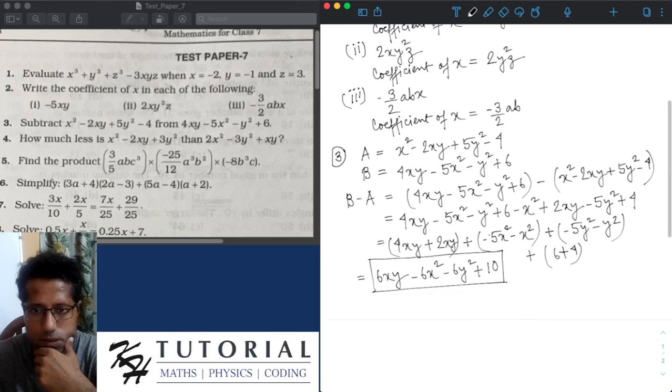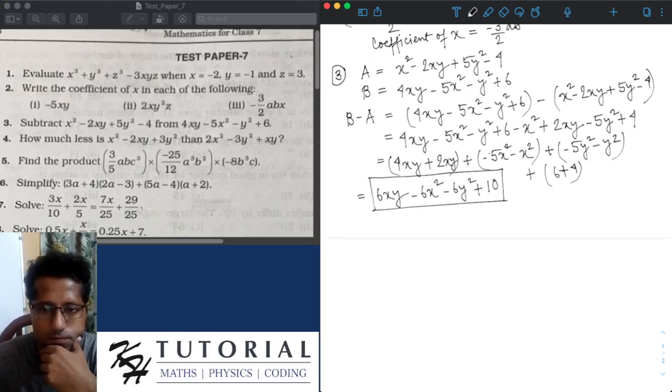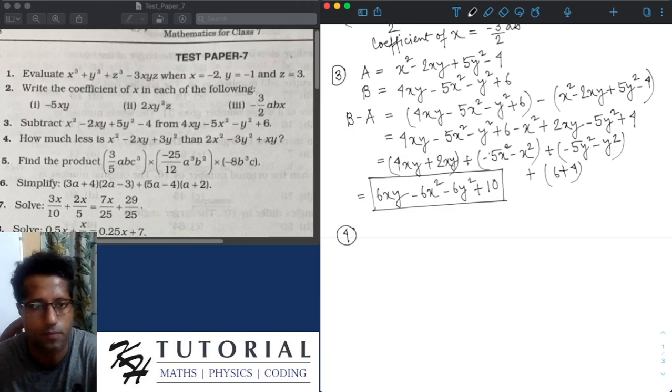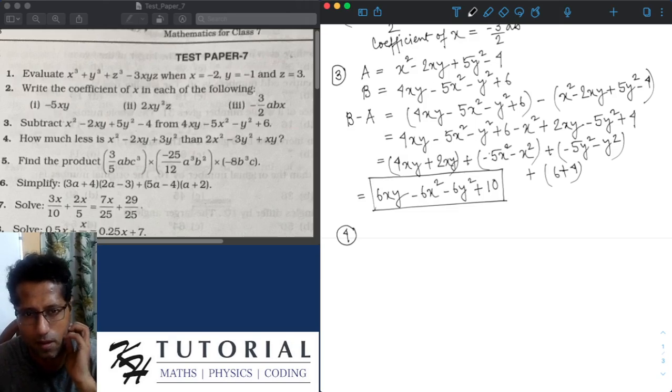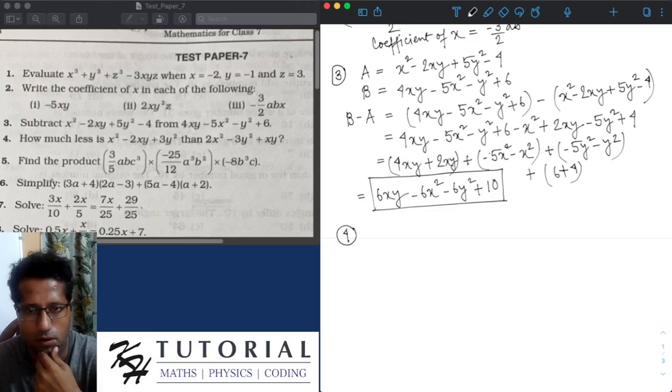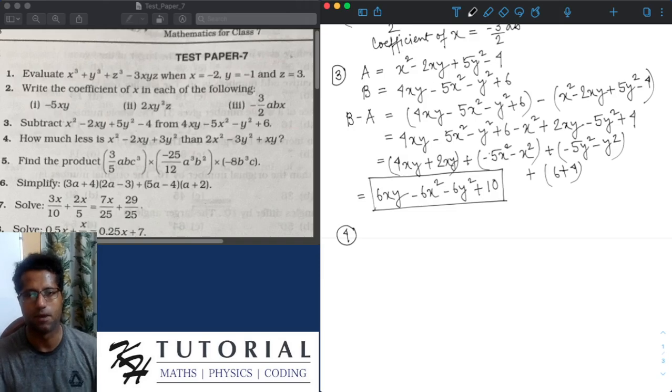Okay, let's do question number 4. How much less is x square minus 2xy plus 3y square than something? So for this kind of problems, where two or more algebraic expressions are involved, it is often convenient to denote those algebraic expressions with capital letters.